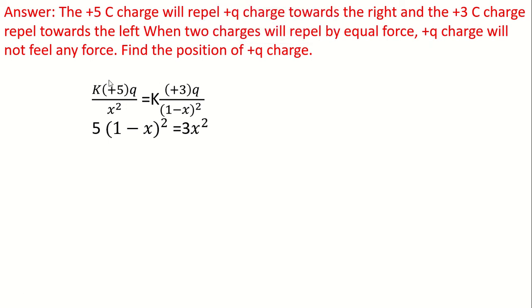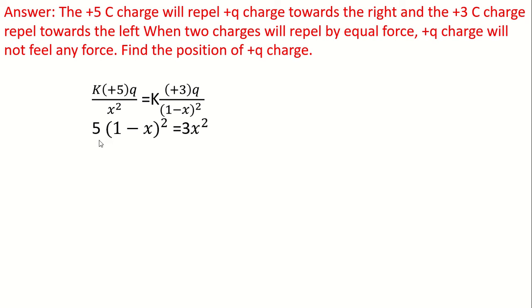So look here, K into 5Q divided by x square, that is the distance between the plus 5 coulomb charge and Q charge, and K into 3Q by 1 minus x whole square, that is the distance between the 3 coulomb charge and plus Q coulomb charge. So K will be cancelled from both sides.